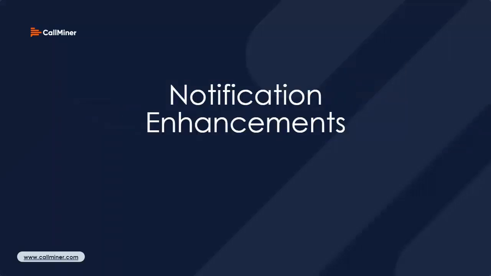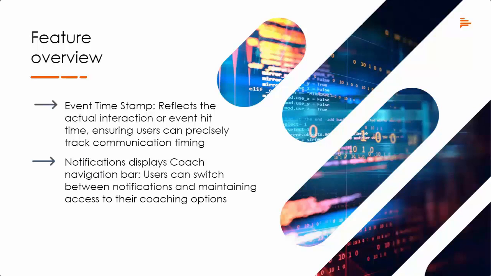In terms of notifications, we've made some changes to update the way the timestamps are reflected. Previously, the timestamp showing on a notification was the time at which the notification was emailed. We've made the change to have the timestamp reflect when the event hit occurred.